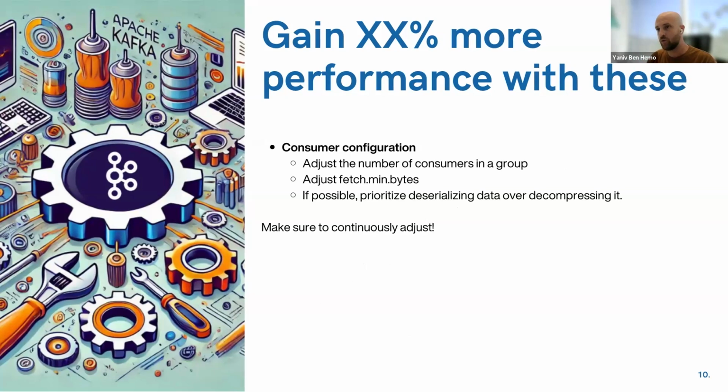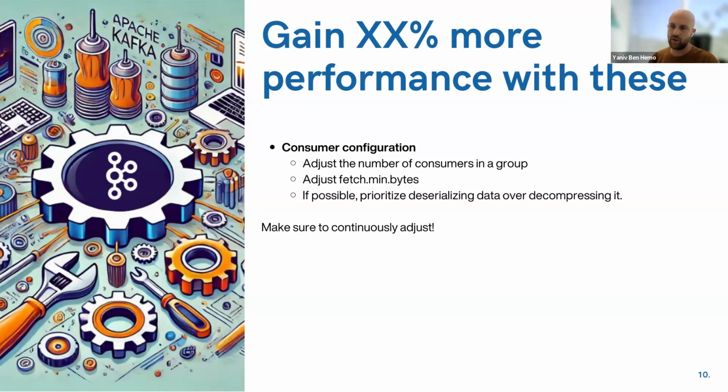Last but not least, consumer configuration. Adjust the number of consumers in the group. That's the way I consider a consumer group, like a thread pool. If you add more threads, that's definitely helpful for the scalability of reads from the same topic. Adjust the fetch min bytes parameter.